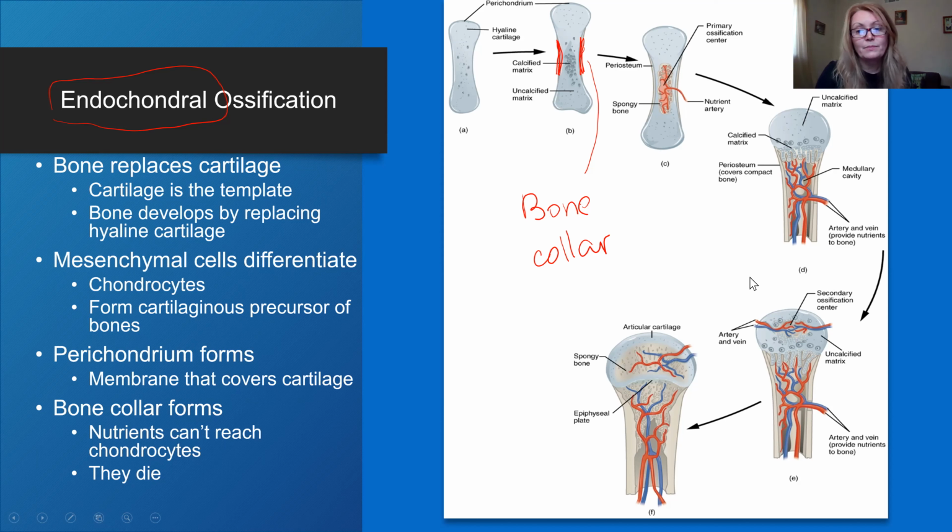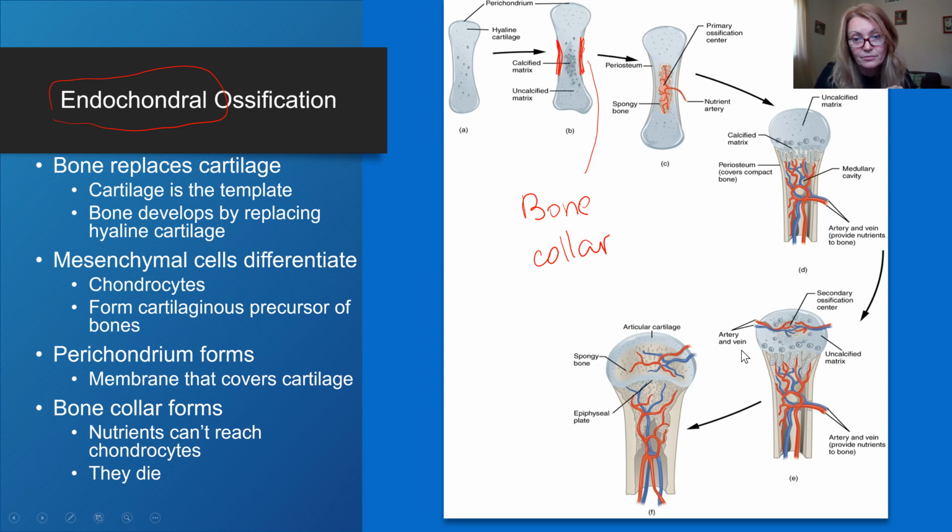In some bones, we then have formation of a secondary ossification center in the epiphysis, and the process repeats. Sometimes we have two secondary ossification centers if it's a really long bone, or just one. You start forming bone in the middle, and then you start formation of bone in the center of the epiphysis.